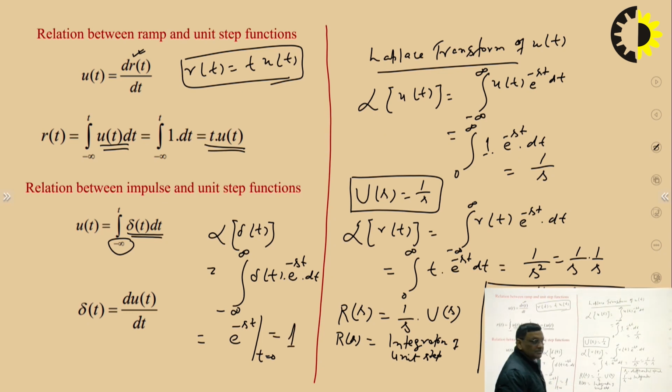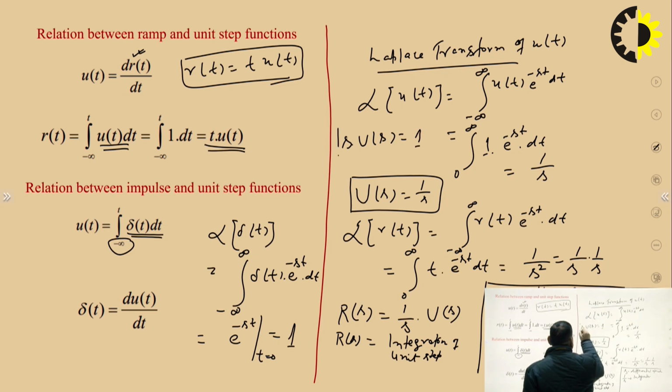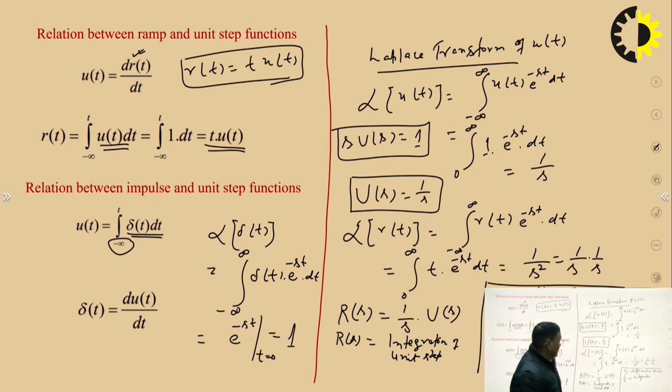If we take the Laplace transform of impulse, we get the value 1. So look here, if we take s into Us, it is 1. So s is a differential operator. If we differentiate unit step, we get the impulse function. So these are the relationships of these singularity functions.